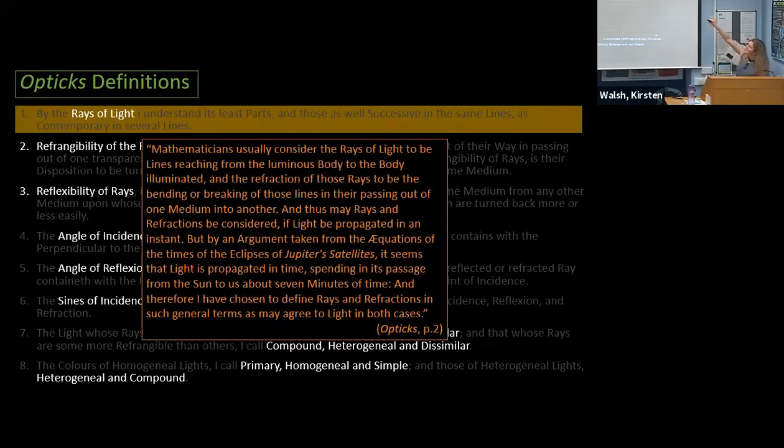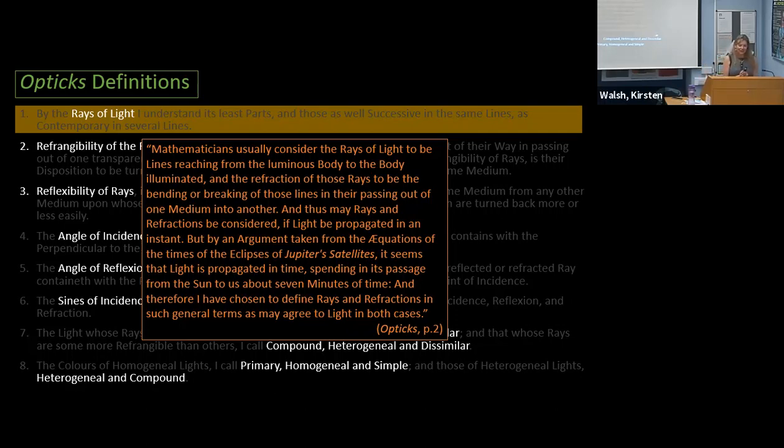So first, he defines a ray of light. I've messed up on the coloring here and made it impossible for you to read. But he tells us that "by rays of light, I understand its least parts, and those as well successive in the same lines as contemporary in several lines." So he's given us a notion of a ray of light as being just the least part of light.